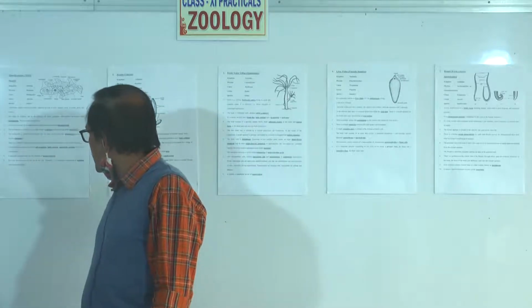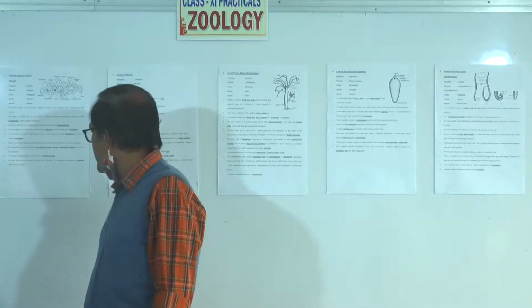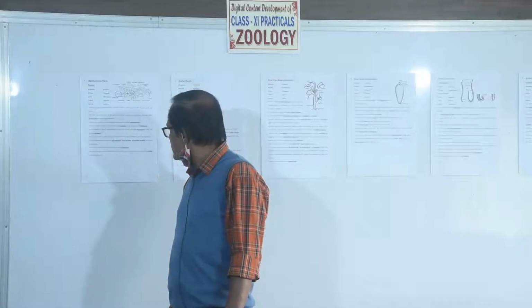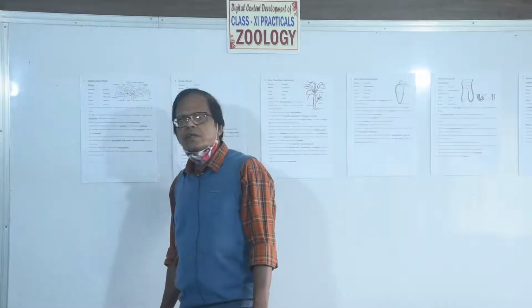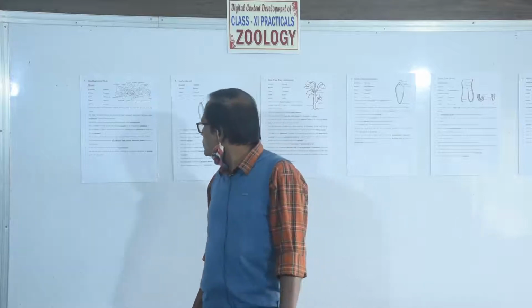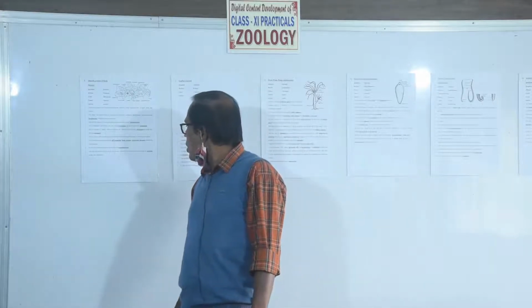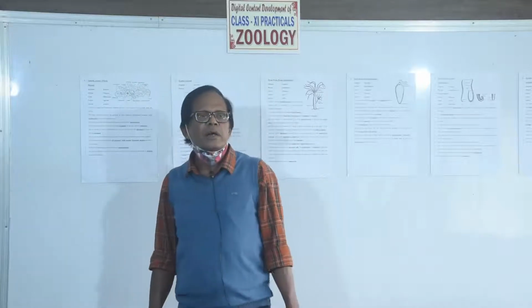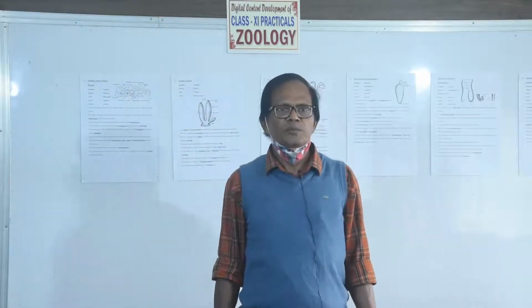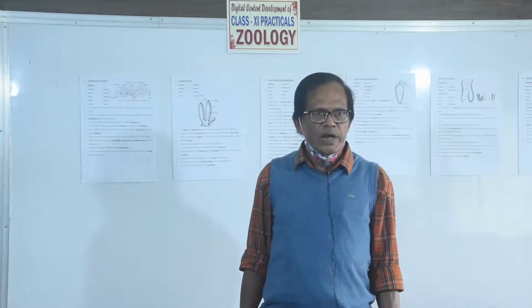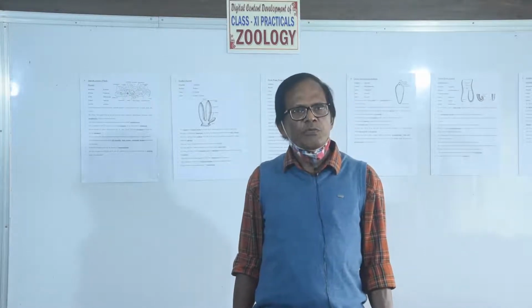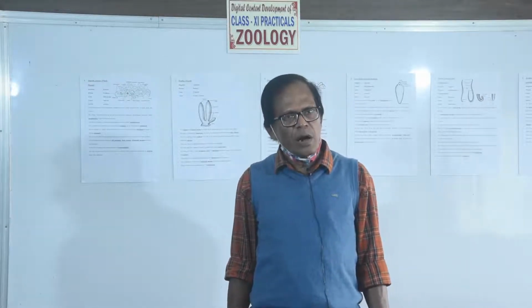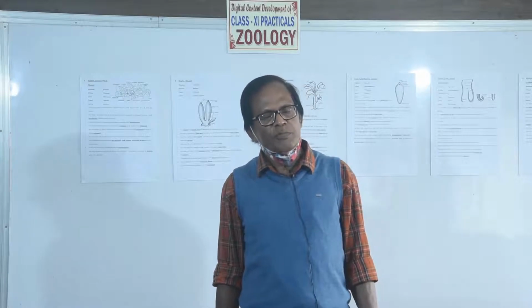The last identifying character is that all functions are carried out by the single cell. Therefore, it is customarily designated as acellular rather than unicellular. These are only a few identifying features of Amoeba proteus. There are other features which we have skipped.